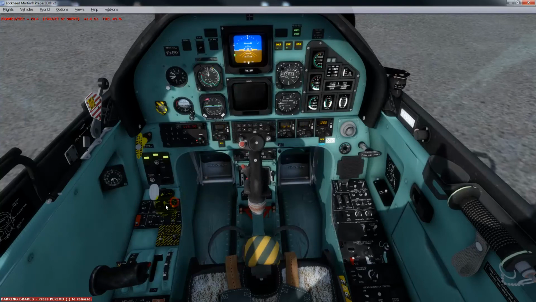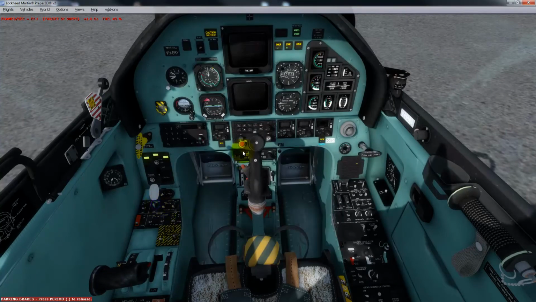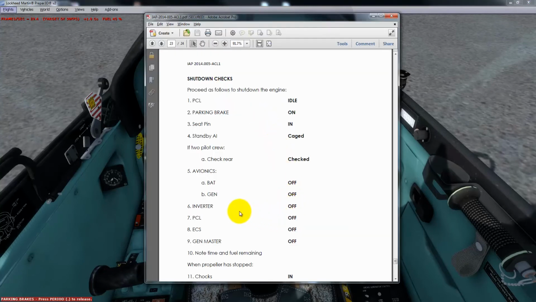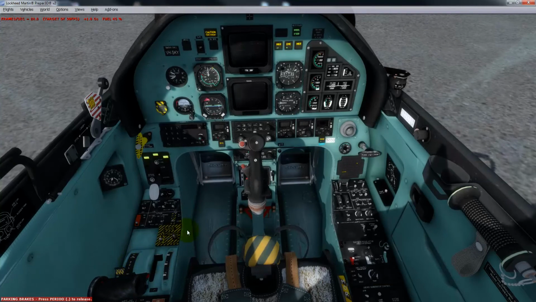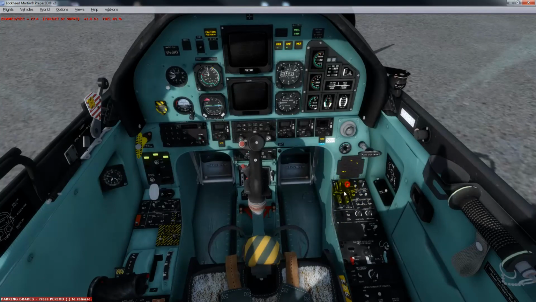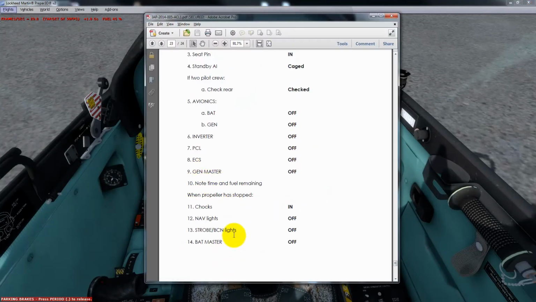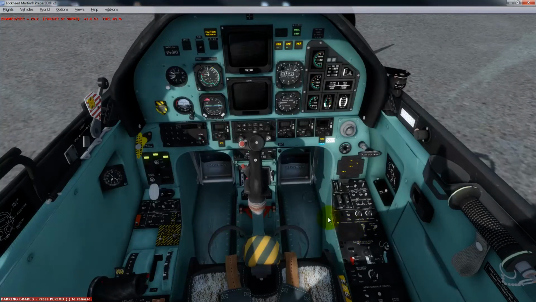We want to turn our avionics switches off, our inverter off. At this point we want to bring our PCL back to the off position and the engine will start to shut down. The gen master to off. We could ask for our chocks in, and then we're going to turn our nav lights and the like off.